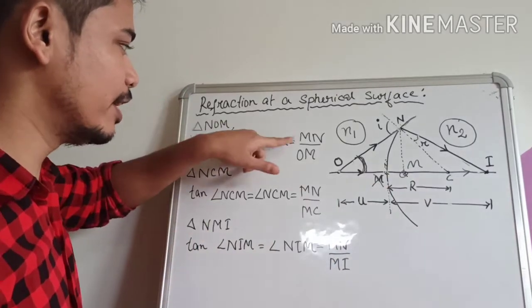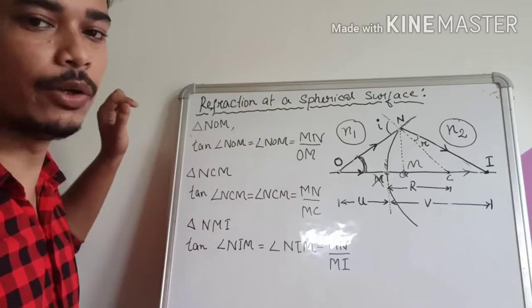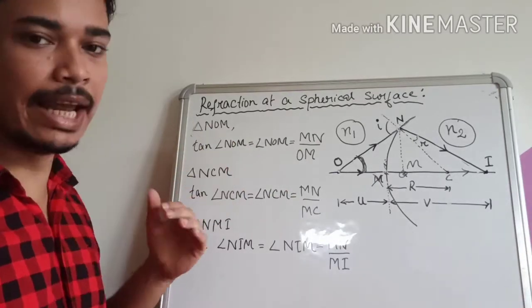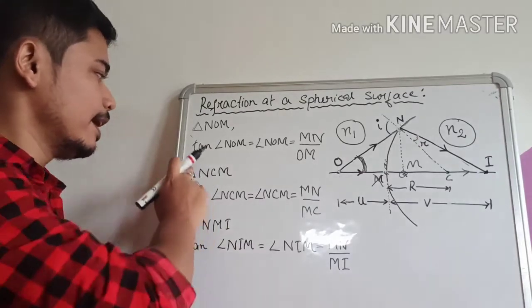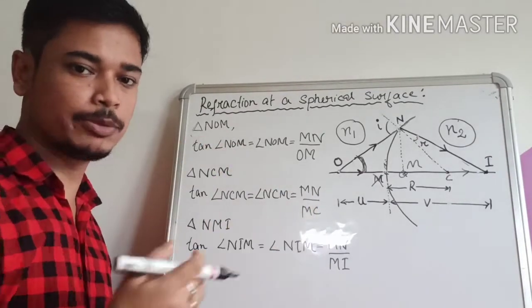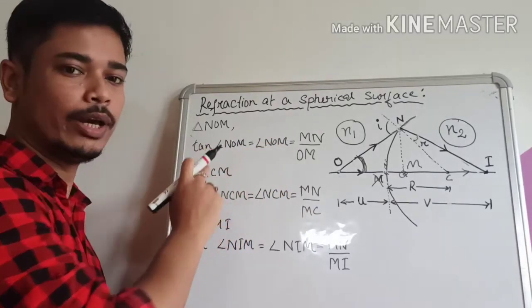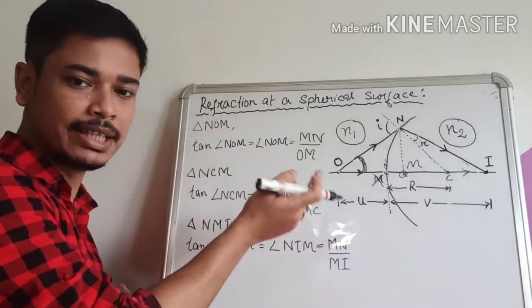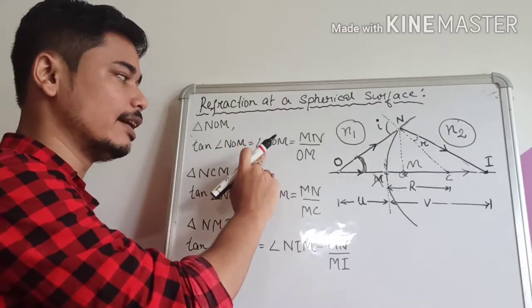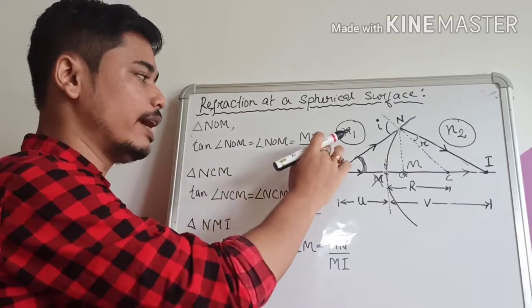Now we have considered the angles to be very small. So if the angles are very small, then tan theta can be approximately written as theta. In this case theta is angle NOM, so angle NOM is equal to MN divided by OM.